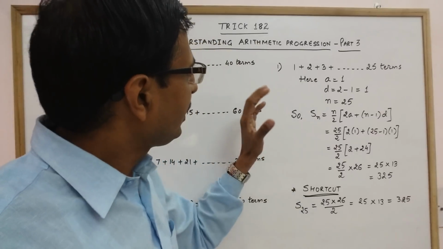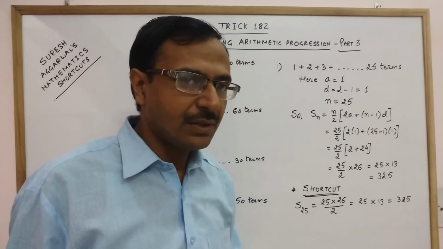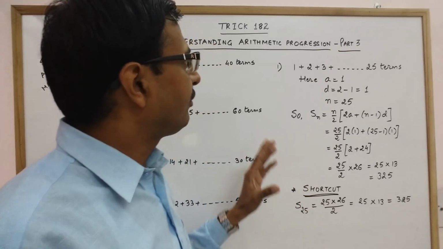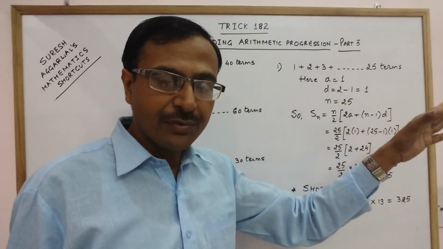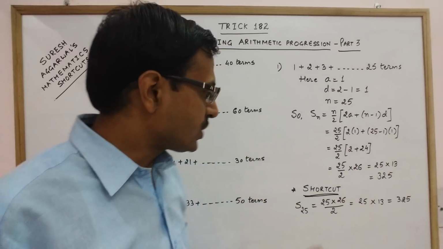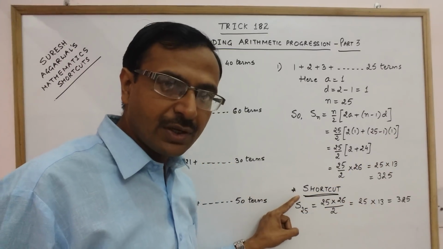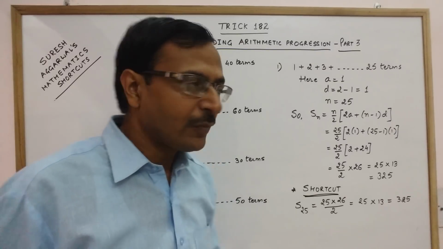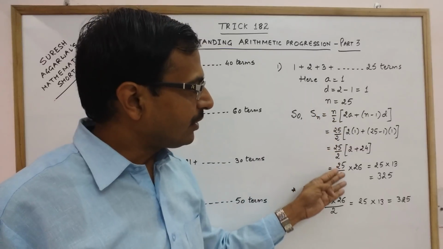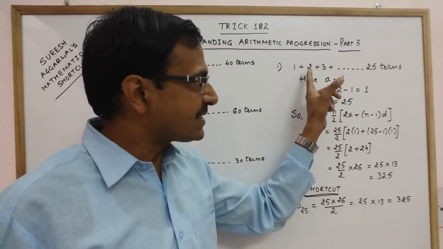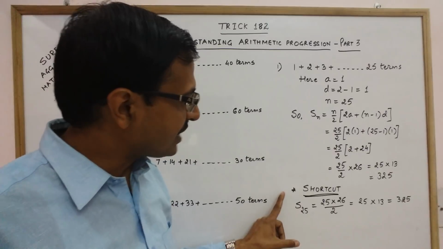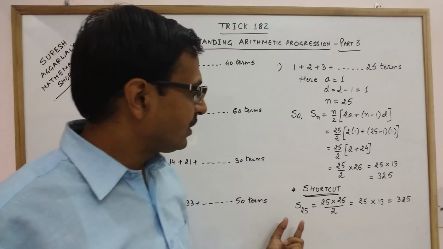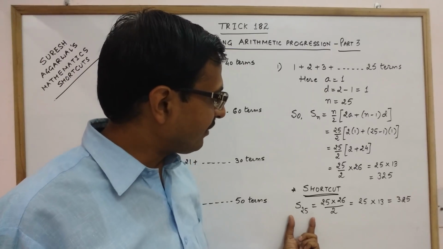But if the question involves the use of natural numbers, then we can find the sum of any number of natural numbers orally using this very important shortcut which is used at all levels beyond class 10th. So class 10 students have to solve the problem involving Sn like this, whereas in competitive exams you can solve this question in a single step. Just write sum of first 25 natural numbers.